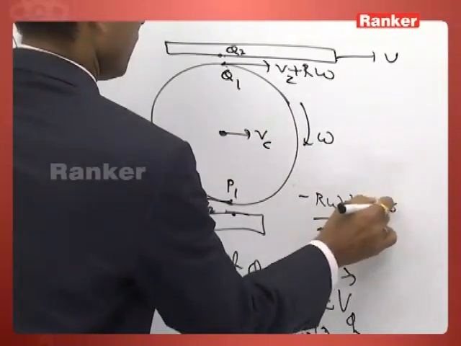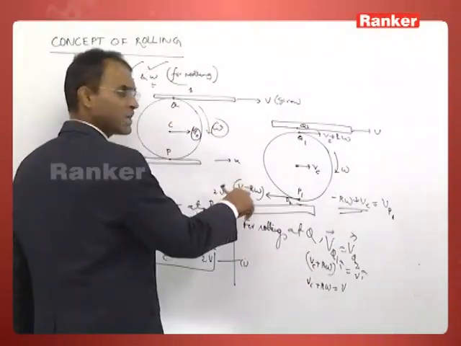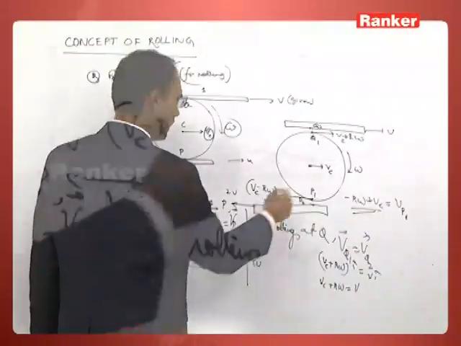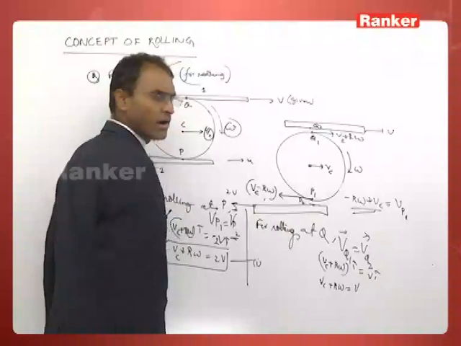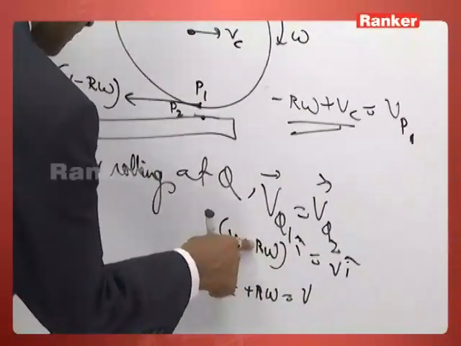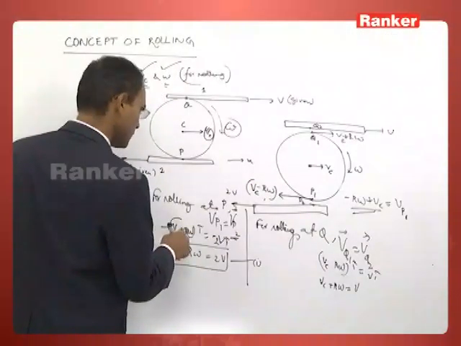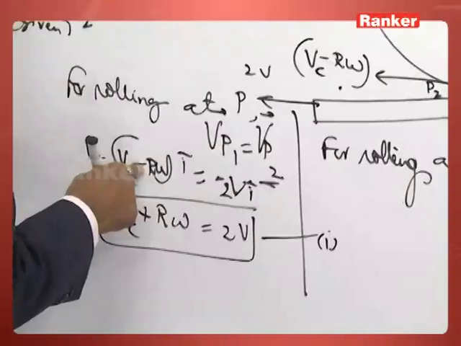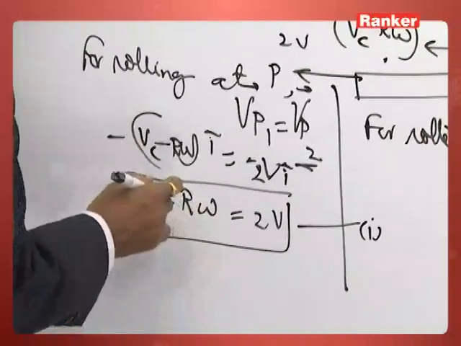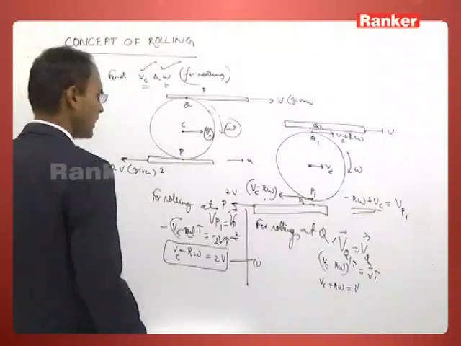So it should be Vc minus R omega, this is the velocity of the point P1. Vc plus R omega is a wrong result. So Vc minus R omega in negative x direction. Therefore instead of Vc plus R omega, we should write Vc minus R omega. So Vc minus R omega is equal to 2v. This is the correct equation.